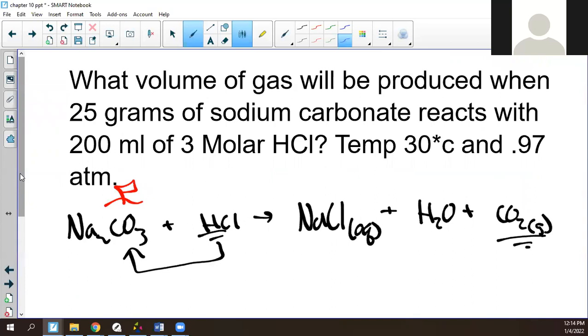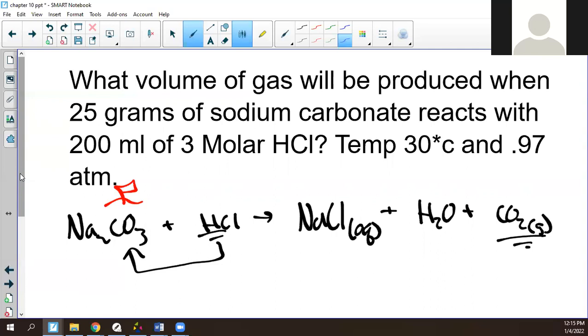Okay, listen. In PV equals nRT, it's math, but there's a variable in there that makes it 100% chemistry. What variable makes it chemistry? The moles. Good. There's like a million ways to get moles. We've done a lot of them, right? We have another one called PV equals nRT.